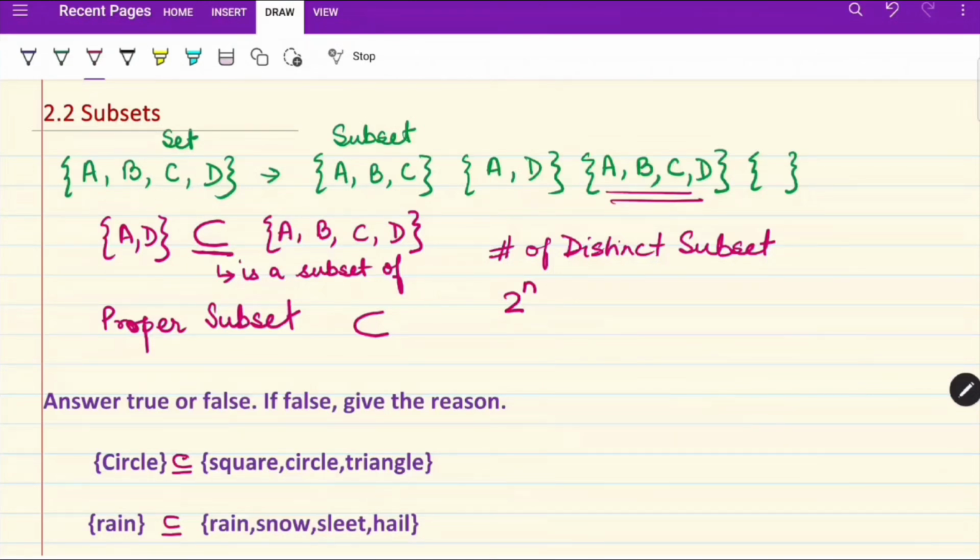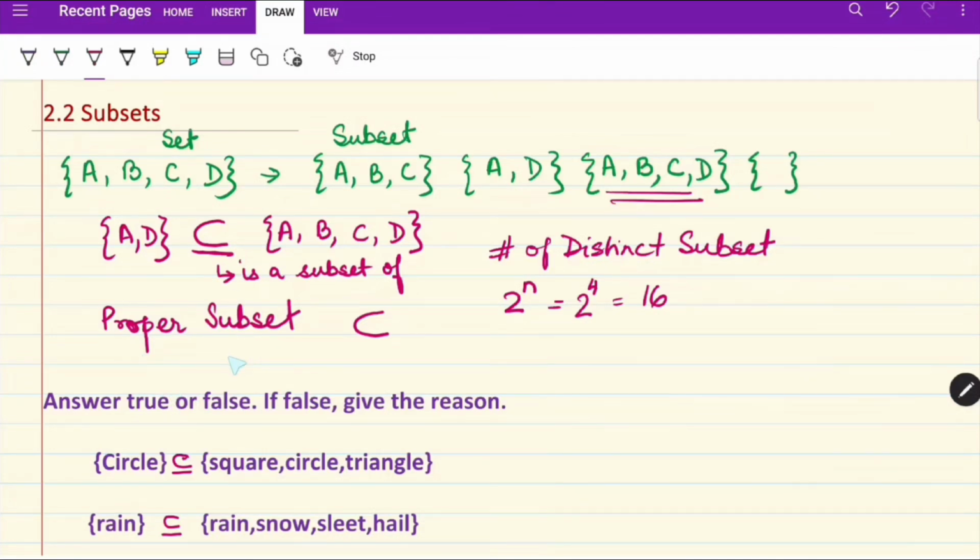So the number of distinct subsets that can be created out of this set of 4 elements, we can use this formula. 2 to the power n would be replaced by 4. So 2 to the power 4 is 16. So we can expect 16 distinct subsets created out of a set with 4 elements.